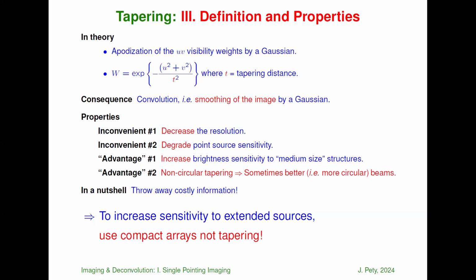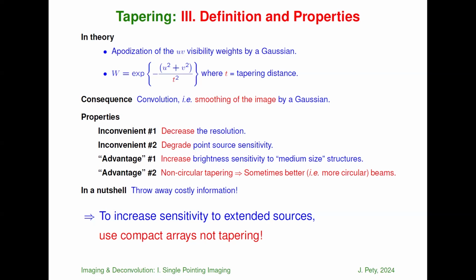You've been throwing away a large quantity of information. I remind you that 1 hour of observation at Bure is about 6,000 euros. So if you're stating I have two configurations, and in fact I want to keep only the compact configuration, you've been throwing away quite a lot of money.